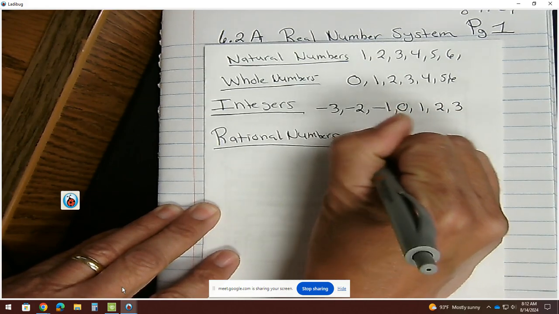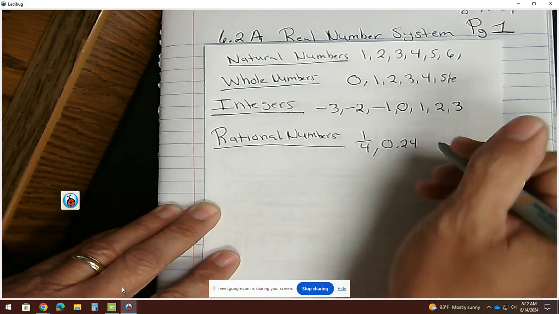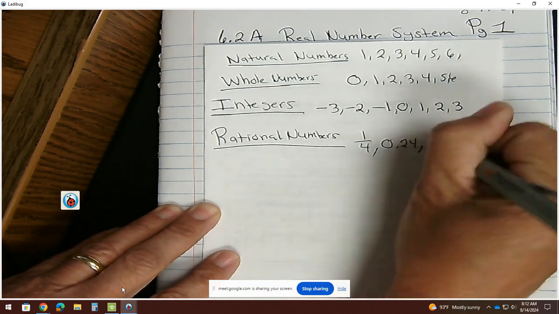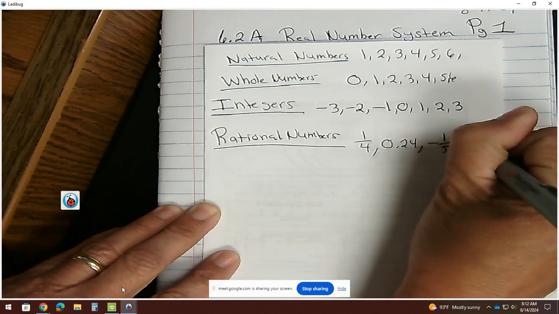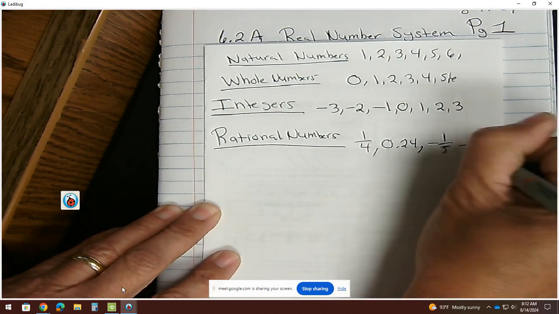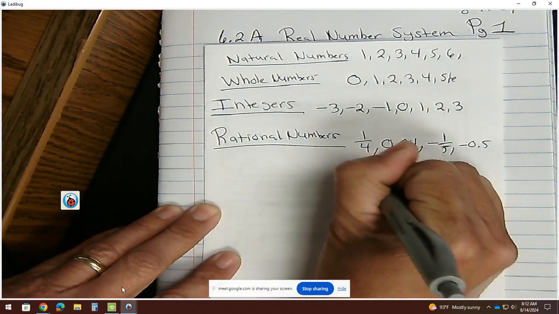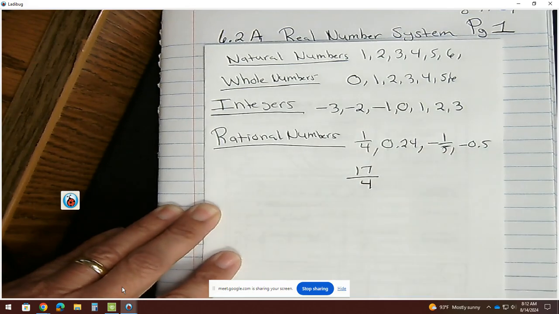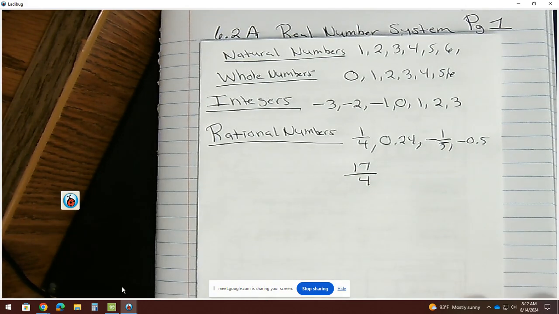You can have a fraction like 1/4, 0.24. By the way, you could also be negative, negative 1/5, negative 0.5. You could also be improper, like 17/4. Okay, those are the ones that fall between. Any questions so far?